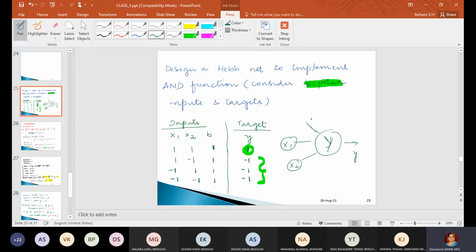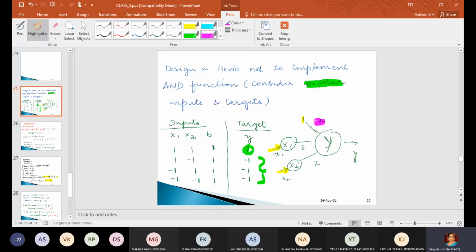The bias is -2, these weights are 2 and 2, and this is my bias input 1, this is x1, this is x2, and these are my weights.